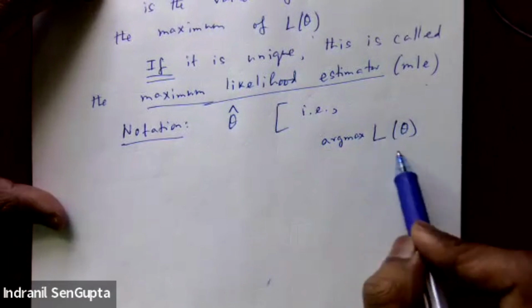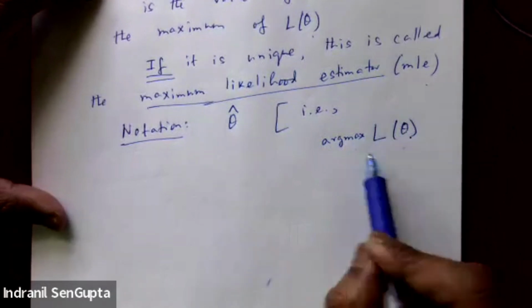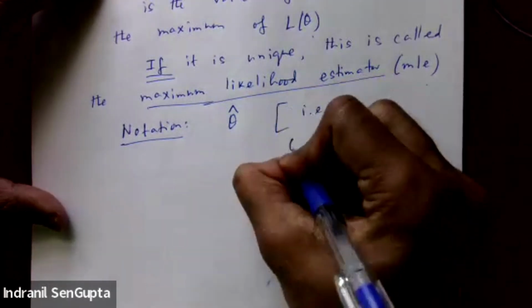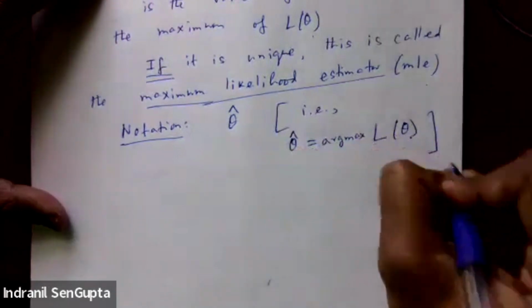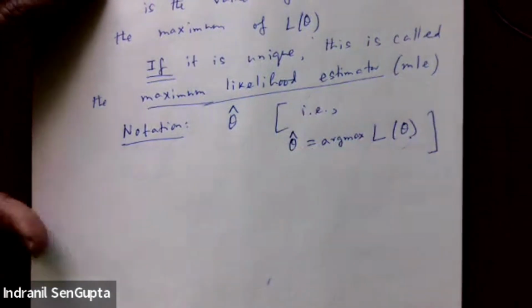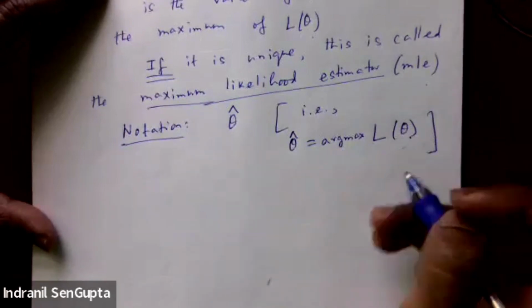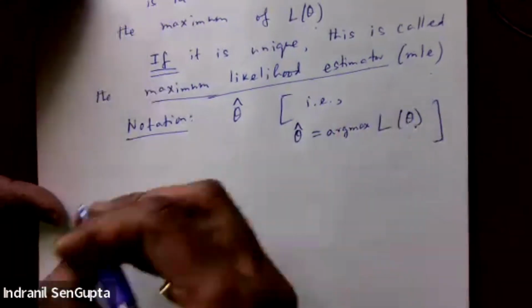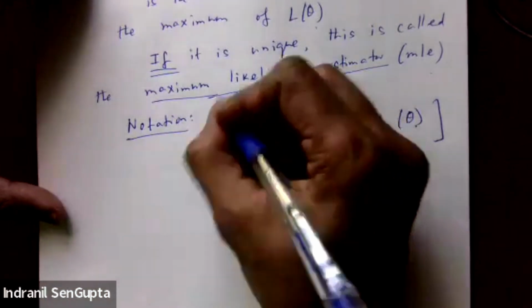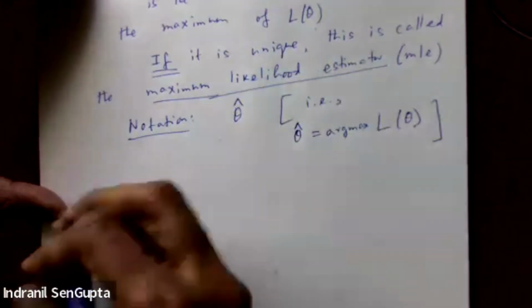What is argmax? The value of theta that maximizes L theta. That's its meaning. So theta hat is, mathematically speaking, the argmax of L theta. Once you find theta hat, you are done.